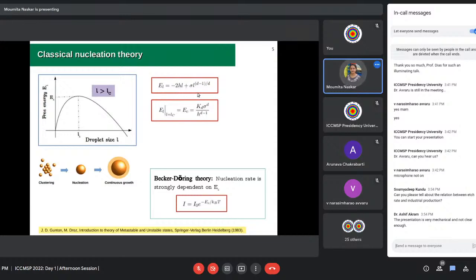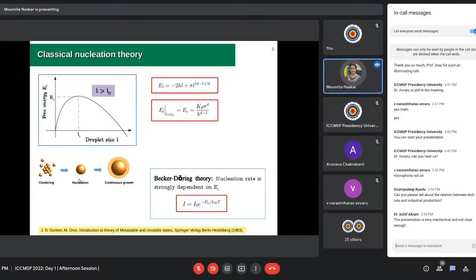Due to the competitive nature of these two terms, there must be a critical size of the droplet, such that only the droplets with size greater than L_C are energetically favored to grow continuously, and only they can take part in the reversal.